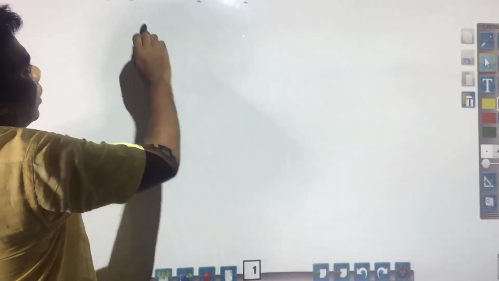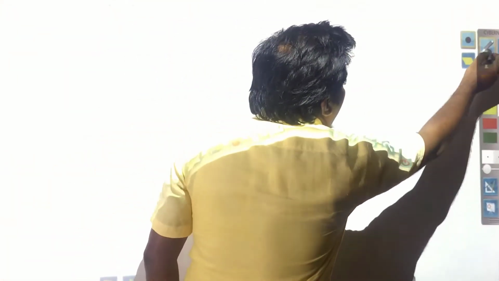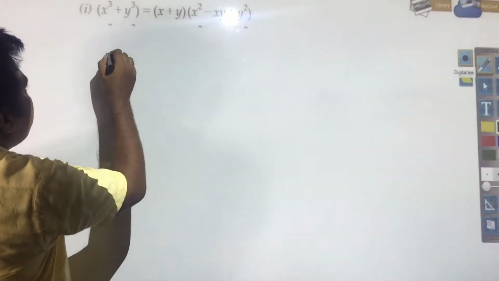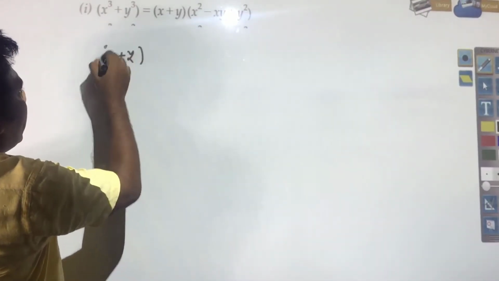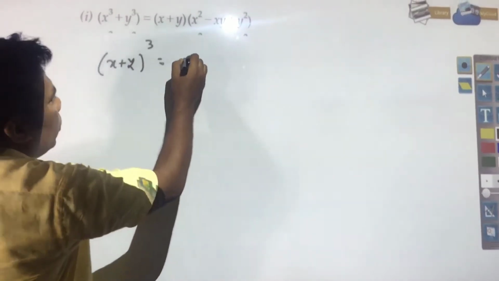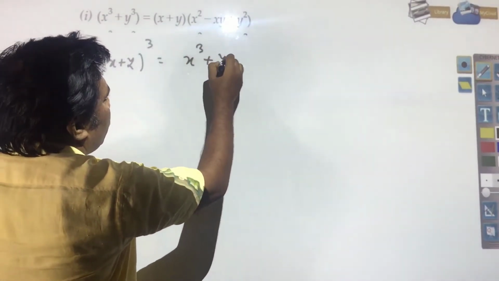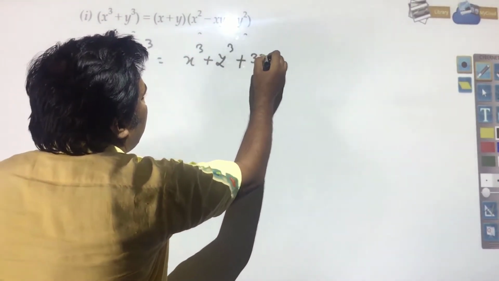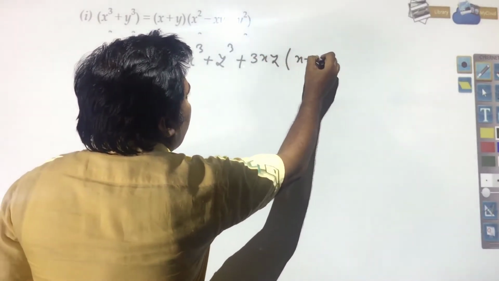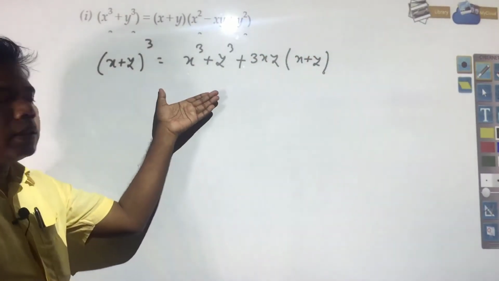Here you see, as we know, x plus y whole cube is equal to x cube plus y cube plus 3xy into x plus y. Already we have done this.